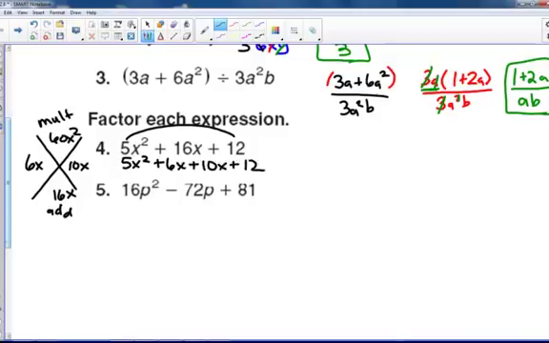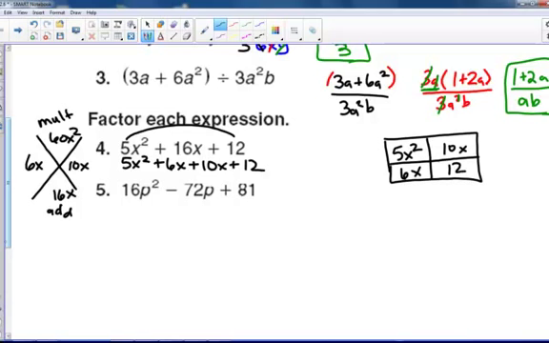Now I'm going to do this two different ways. One way with the box, and with the box we need to figure out on the outside what each term needs to be. So if this is 5 right here, and if this is 10 right here, this is probably going to have to be the 5x, which leaves this being the x.